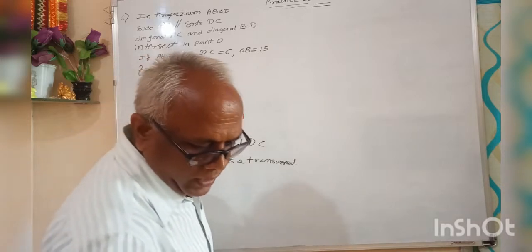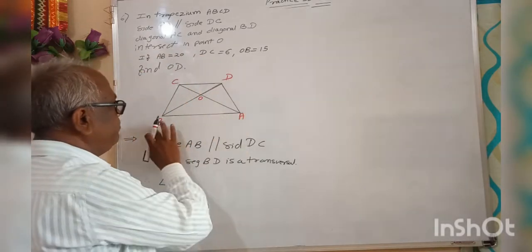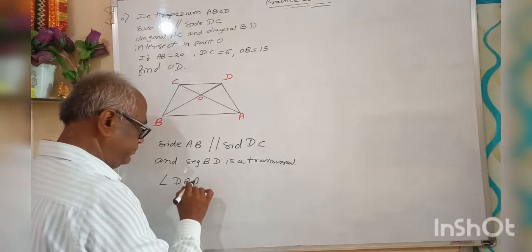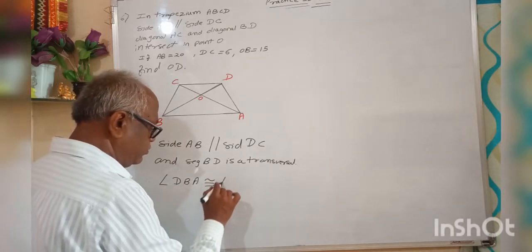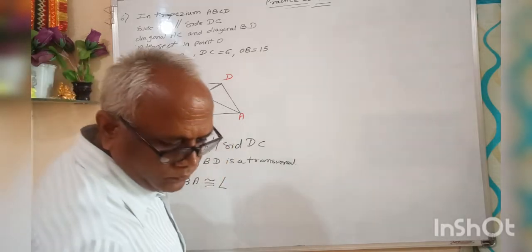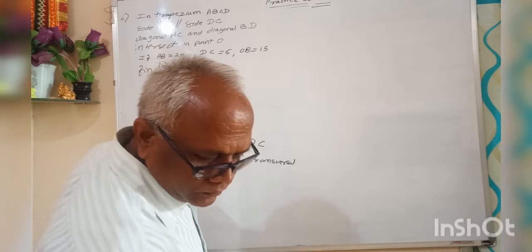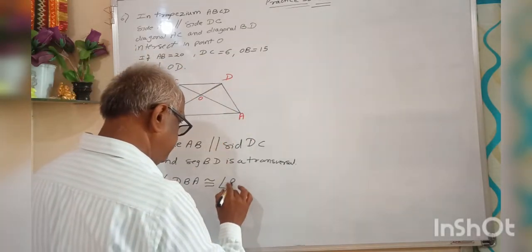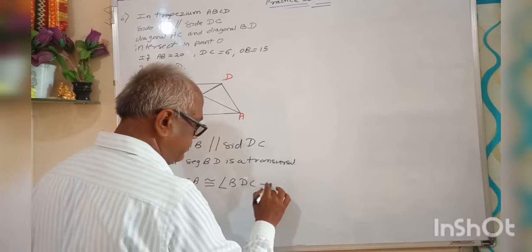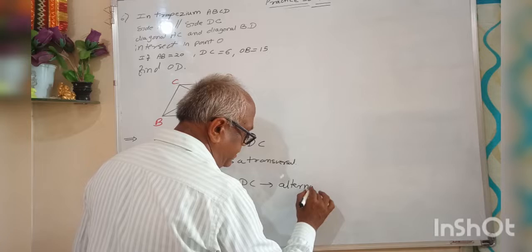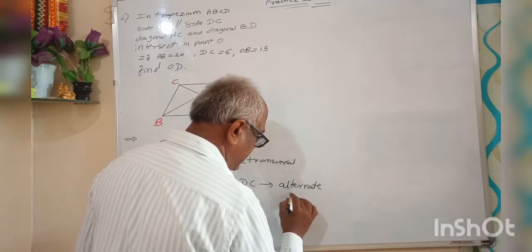Therefore, angle DBA is congruent to angle BDC, that is by alternate angle.